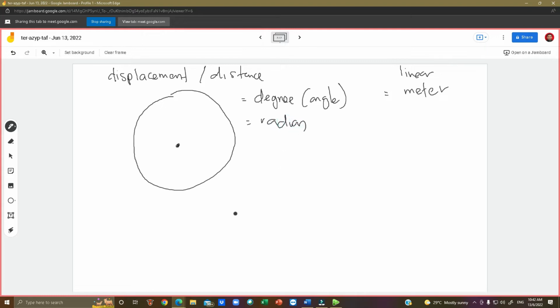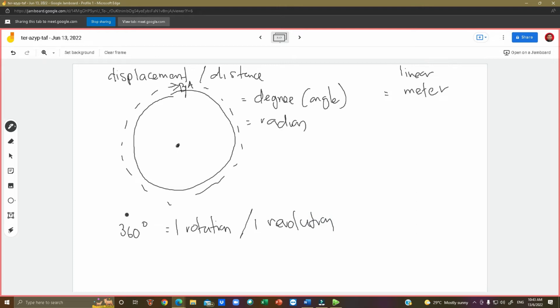Okay, recap. In one full rotation, if we start here, we go a full rotation. We end at the same place. One full rotation consists of 360 degree. Ini kita panggil sebagai satu rotation ataupun satu revolution.